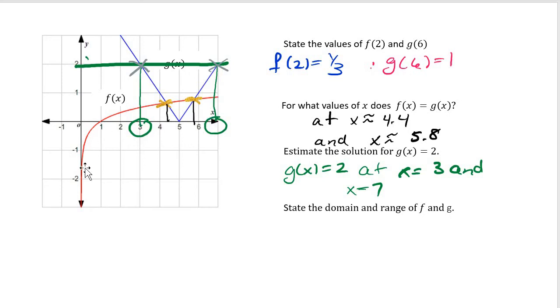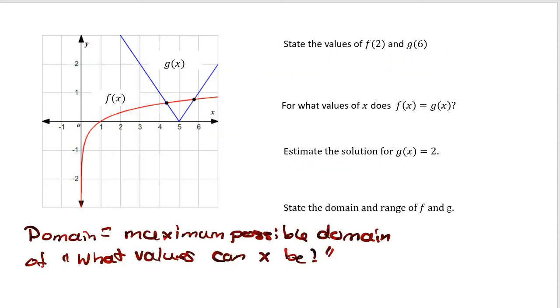They were supposed to extend, so this is supposed to keep going down to minus infinity, and this is supposed to keep going up till asymptote of 1. And these two are supposed to extend, but I'm going to treat them like the book does, or your WebAssign does. Domain is the maximum possible domain, and it's the answer to the question, what values can x be? What am I allowed x to be?